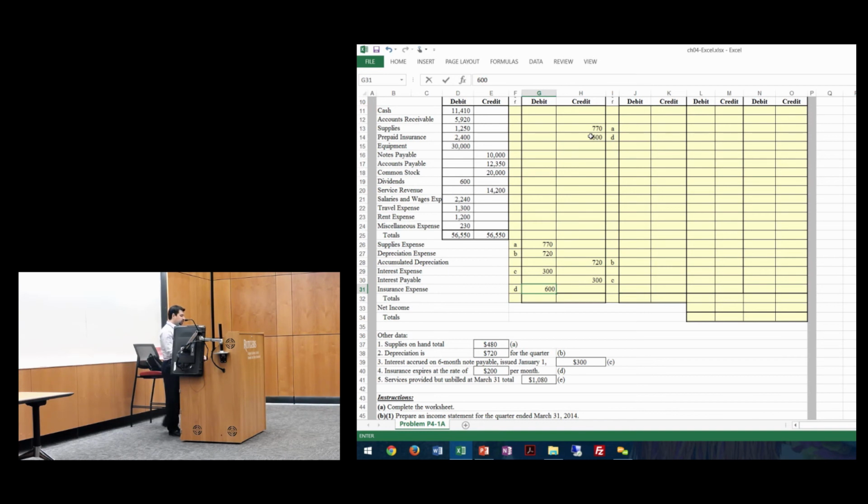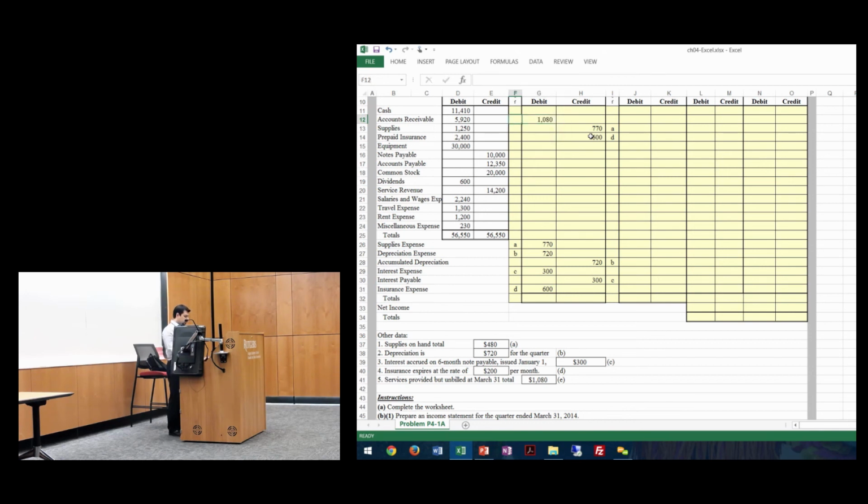The last one is services provided but unbilled. When you have services that you provided but you did not bill, those are accrued revenues. March 31st total, 1,080. Did you receive the cash? No. When you don't receive cash, it's accounts receivable. So we know that accounts receivable will be debited because it will increase.